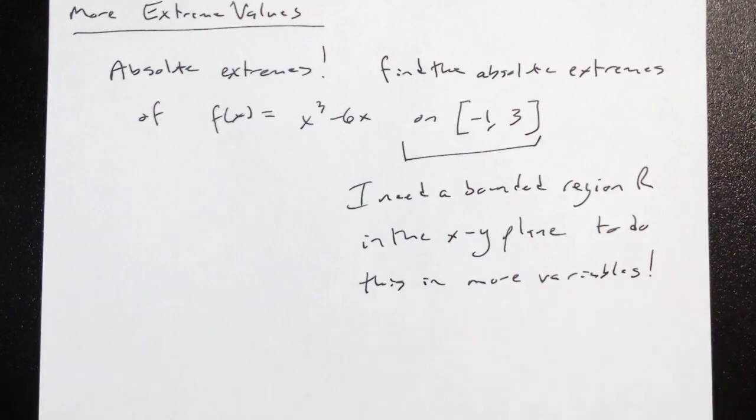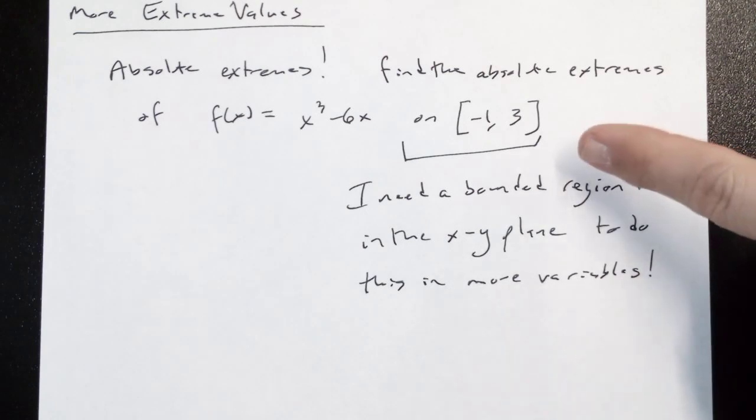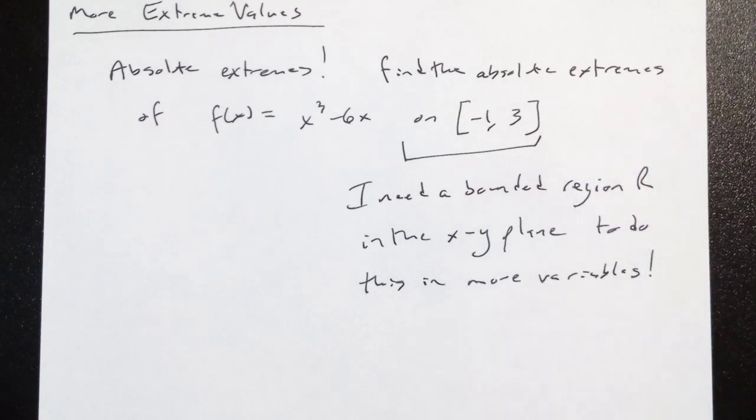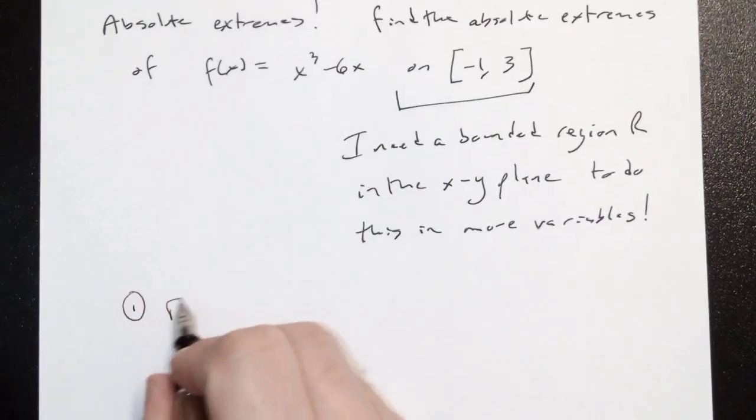So I have to include a bounded region. And then in Calc 1, we would find all the critical points. And we'd only care about the critical points that were in my bounded region. And then we would check the edges of the region. I want to do the same thing here. So my procedure is the same idea.